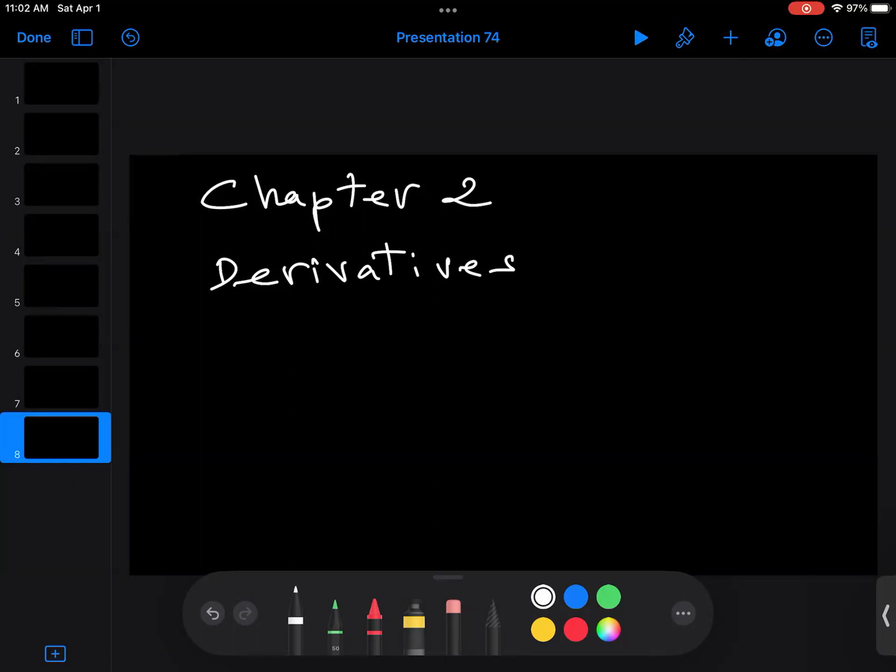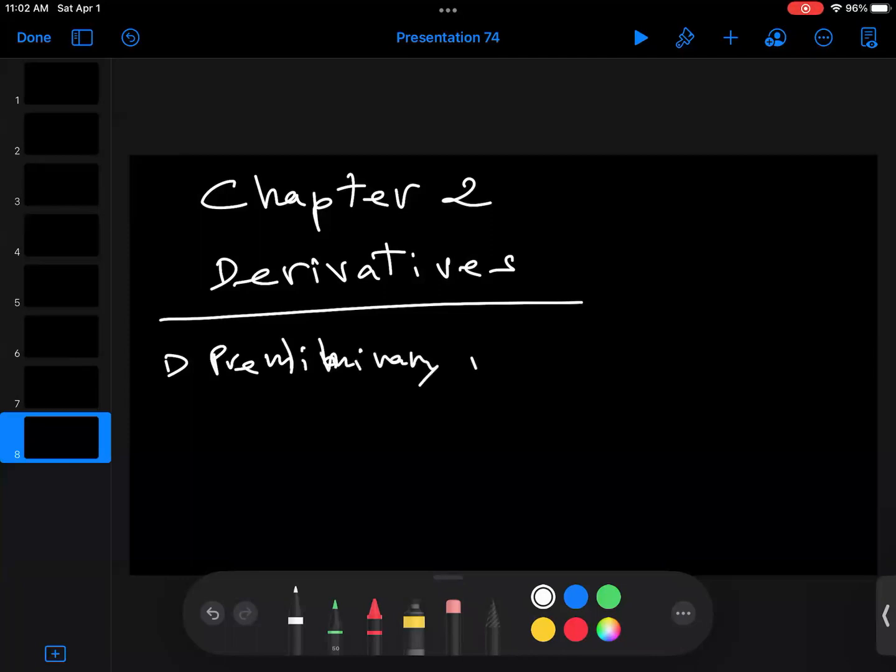So we will see. Let's do some preliminary remarks. This will be short. When you talk about derivatives, in fact, there's a limit process involved.